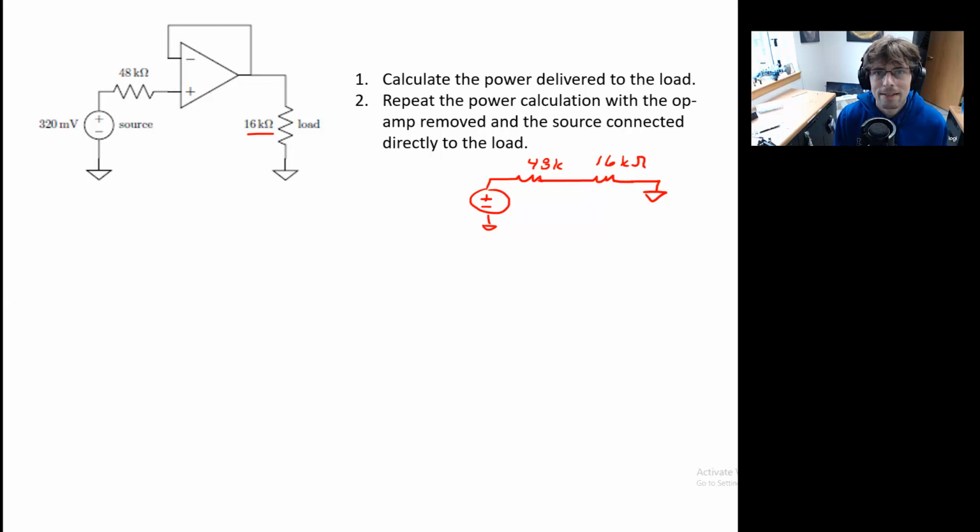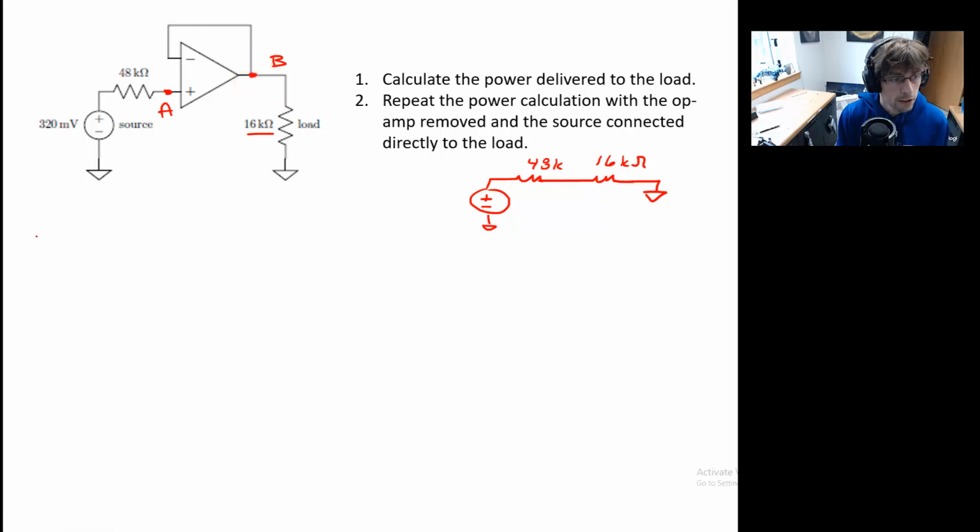Got it? Good, good. Okay, well, I'm going to go ahead and apply node voltage. And in particular, let's see if we can get an idea about what the potential is right here. So I'll call that node A. I'll call this one node B. And let's see if we can hammer through the circuit.